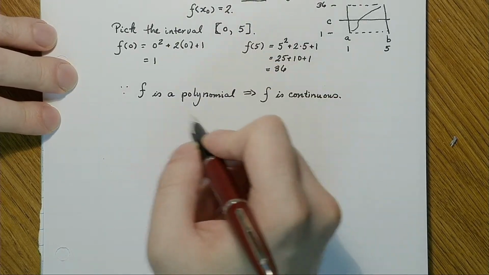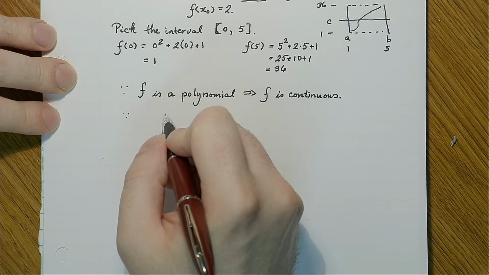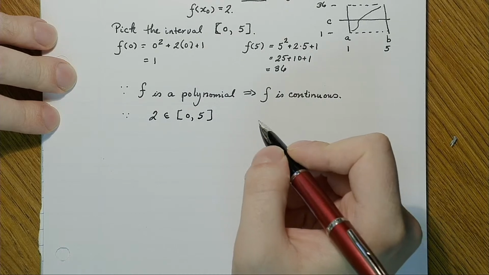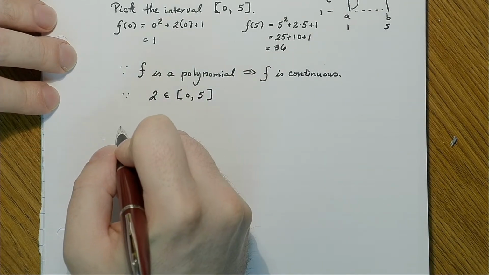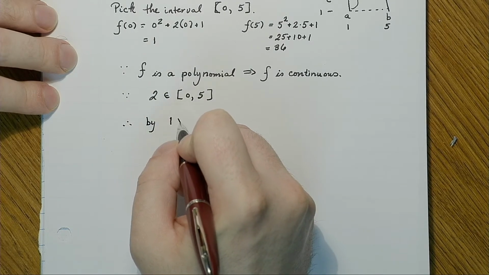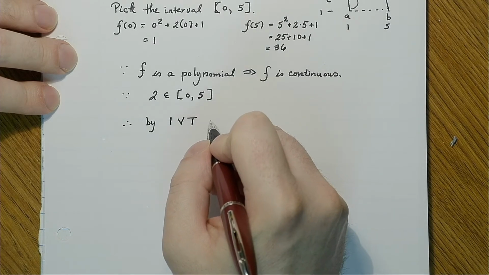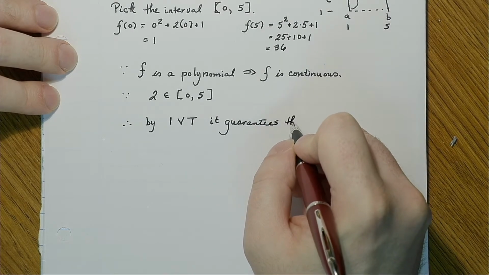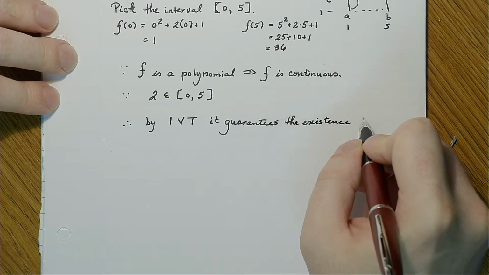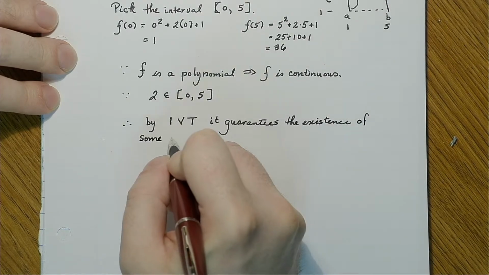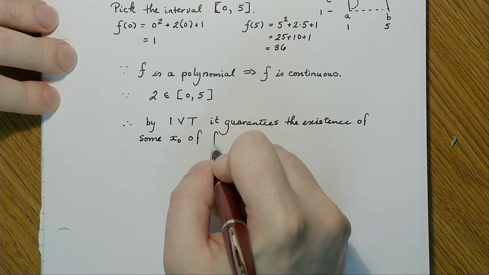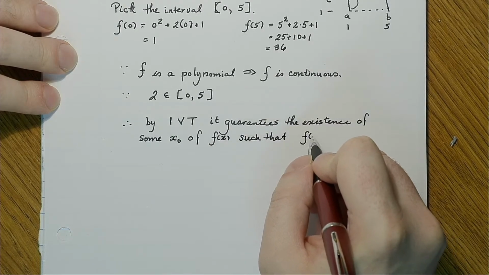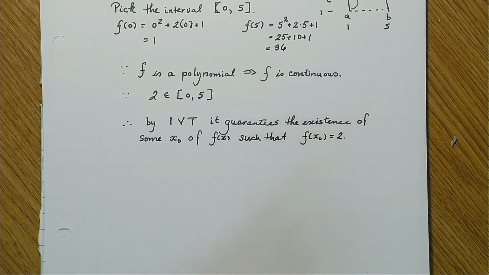And since 2 is in that interval, therefore by the intermediate value theorem, it guarantees the existence of some x naught such that f of x naught equals 2.